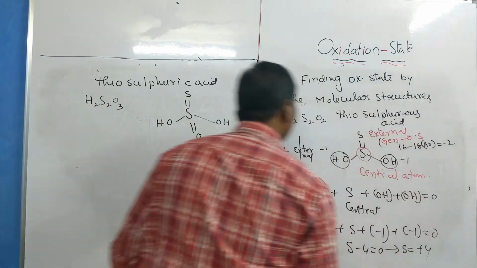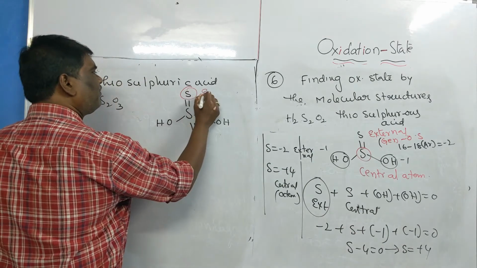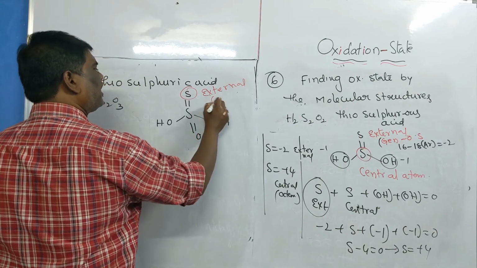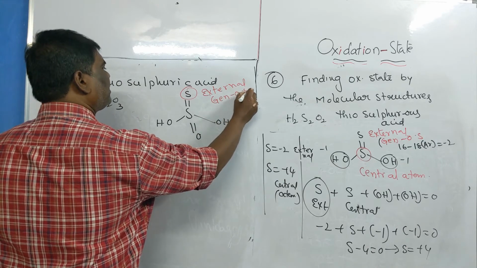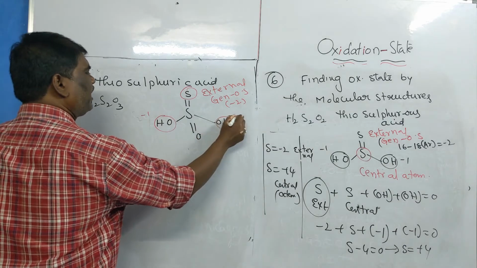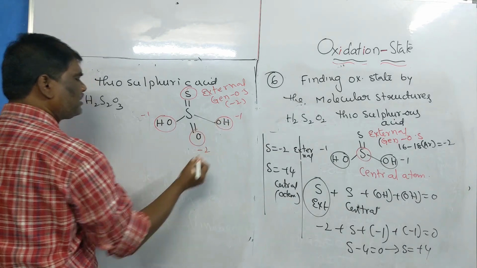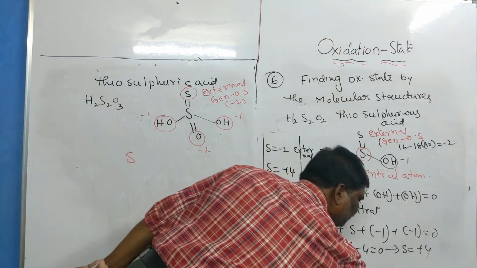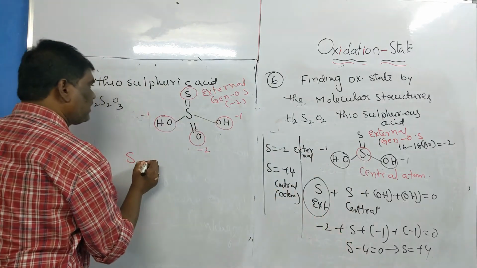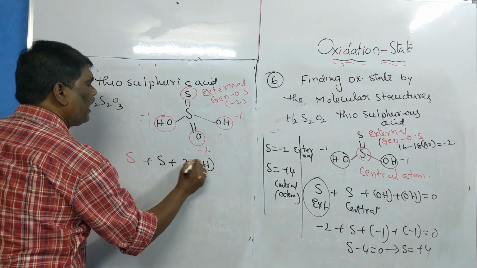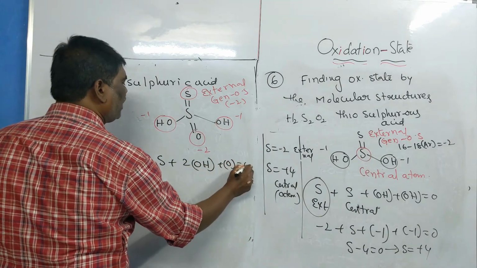The sulfur atom, this is called the external sulfur. For the external sulfur, I gave the general oxidation state. What is the general oxidation state? -2. You know, this is -1, this is -1. Now you calculate external atom plus central atom plus 2 OH groups and 1 oxygen, total equal to 0.